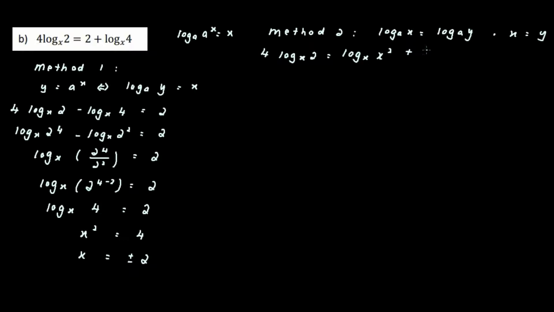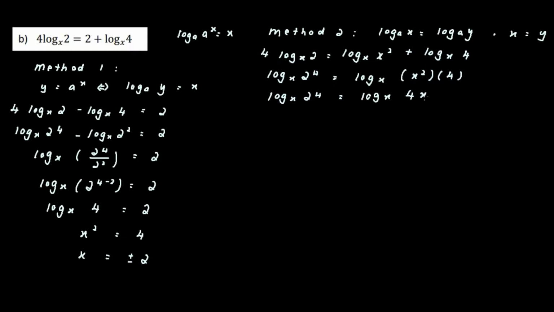Then after that, plus log_x 4. Then you continue to solve log_x 2^4. So this is plus. So how can you combine them together? It will become multiplied, right? So log_x x^2 multiplied with 4. So you will have log_x 2^4 equals log_x 4x^2.